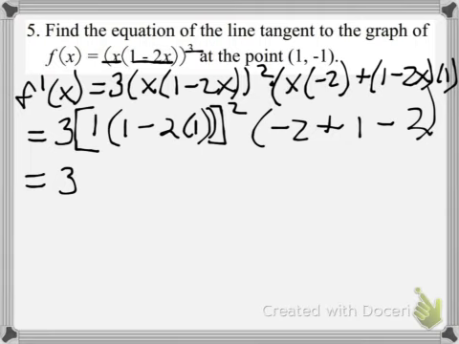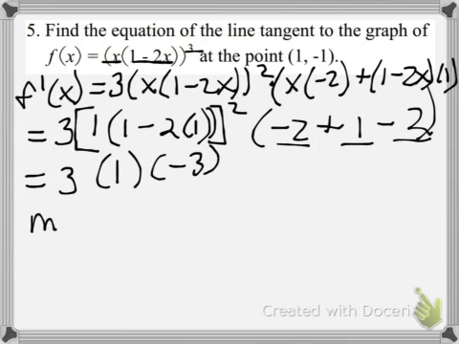Negative 1 squared is just 1. Then I have negative 2 plus 1 minus 2, which of course is negative 3. So I'm going to multiply this by negative 3. And so I find out that my slope is actually negative 9.